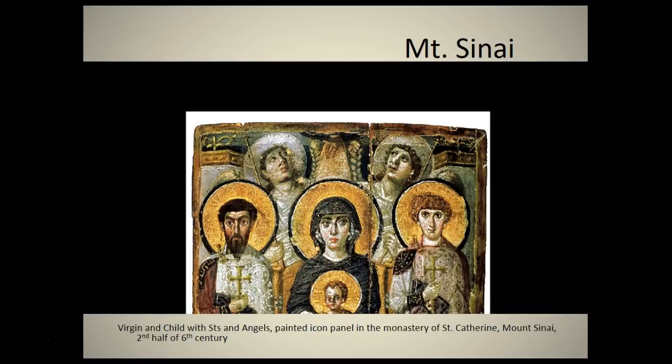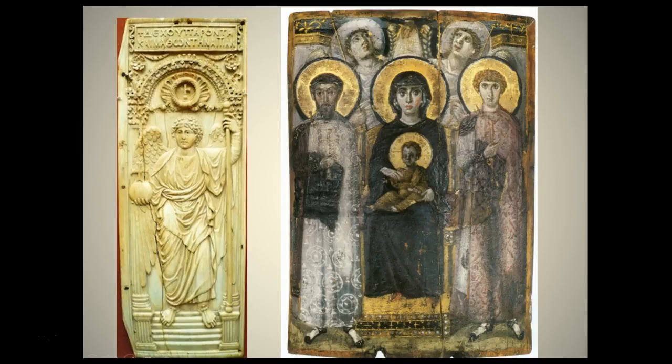Another feature is the patterning of the textiles. That's something we saw with the image of Theodora, the beautiful dresses. But patterning has a tendency to flatten the space, and we see that focused on in the robes of the two saints.